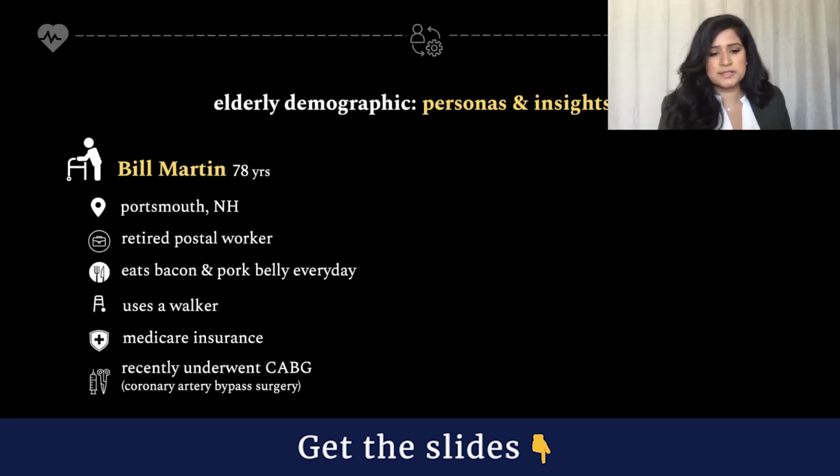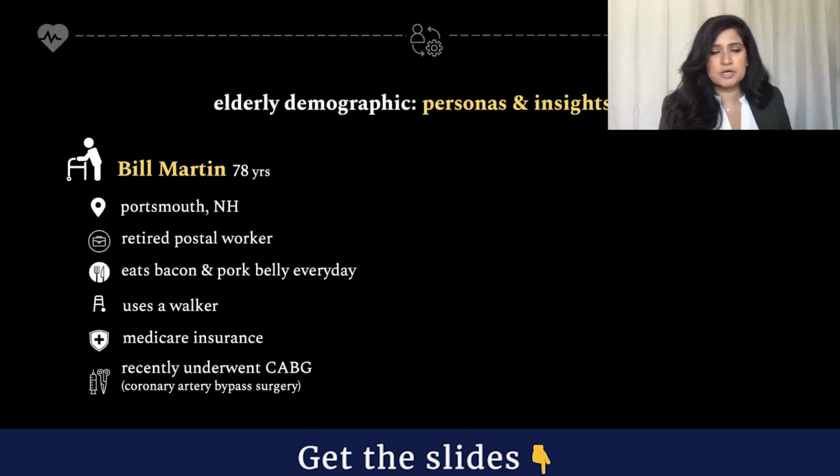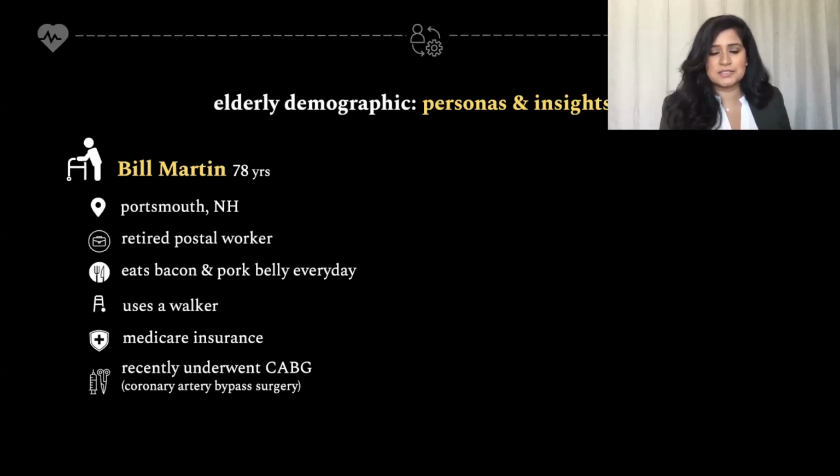He also recently underwent CABG, which is essentially coronary artery bypass surgery. So this gives you a sense of his lifestyle and his professional and personal habits. Somebody like Bill is essentially a slave to his bad habits. He is also old. He lives in a suburban neighborhood. So definitely, access to technology might be fairly limited in those areas.